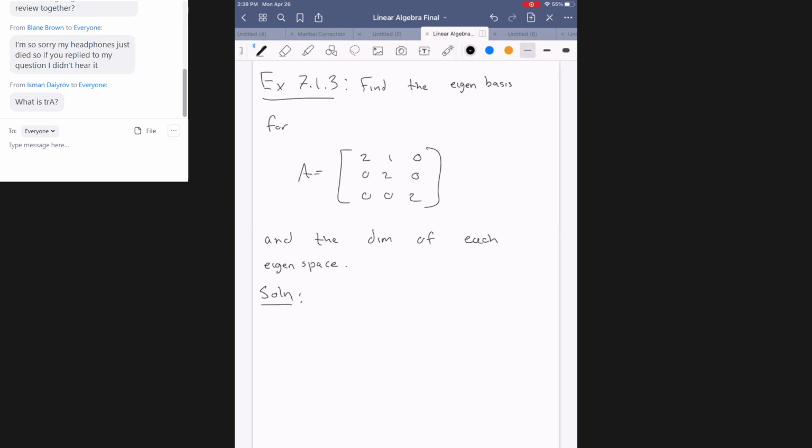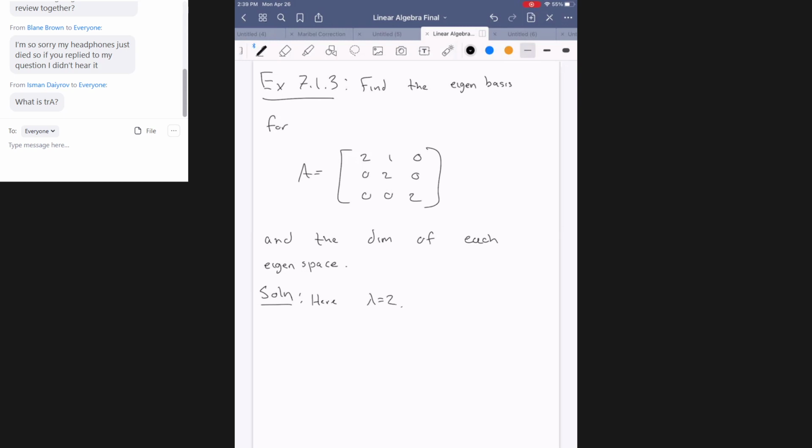We have algebraic multiplicity, which means how many times the eigenvalue appears, and geometric multiplicity, which is related to the eigenspace, the dimension of it. But anyway, here lambda is equal to 2. We only have a single eigenvalue.